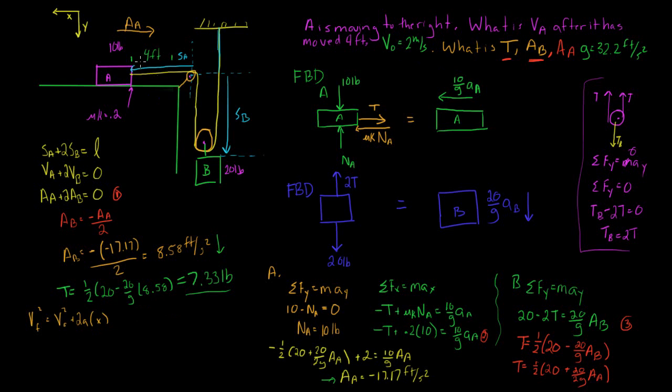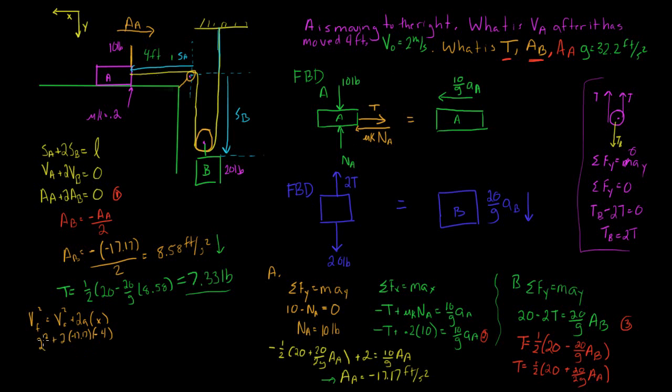We get minus 4 because if we say it starts at 0, and it's moving to the right, it's moving in the opposite of our positive direction. It's moving in our negative direction. So x is going to be equal to minus 4. Our acceleration of A, we already found out, is minus 17.17, and there's a 2 in front of it, and we know we have an initial velocity of 2 feet per second.